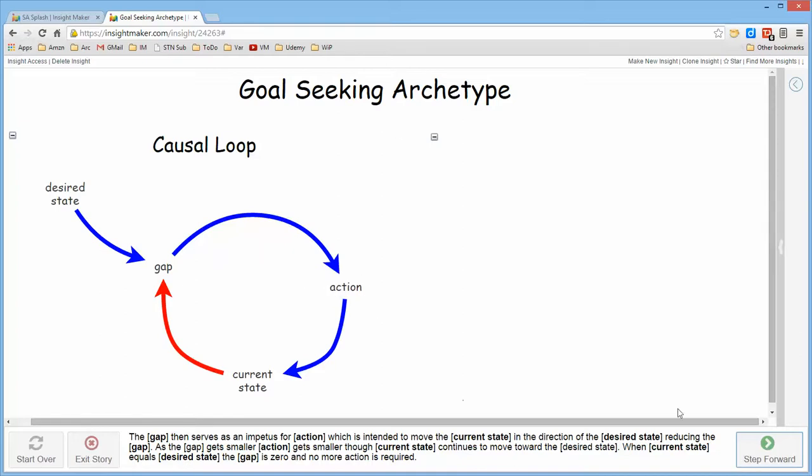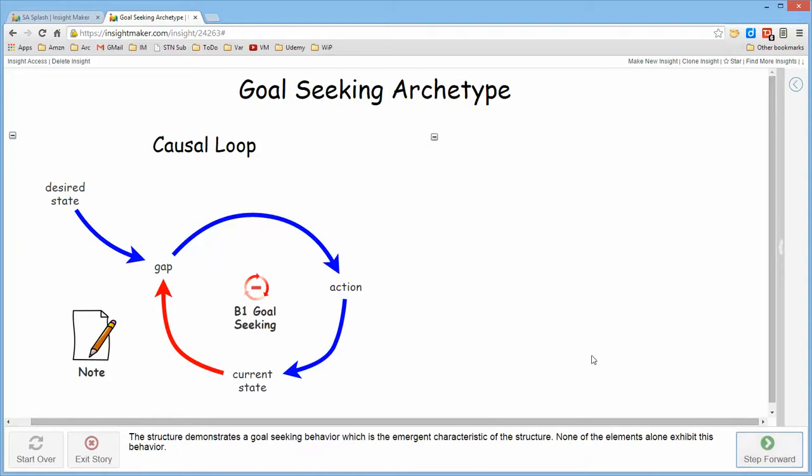Now, what you end up with is, as I said, a goal-seeking structure, and the characteristic of this structure is that it is goal-seeking. It attempts to create a balance between the desired state and the current state, and this structure is one that you see constantly without thinking about it.